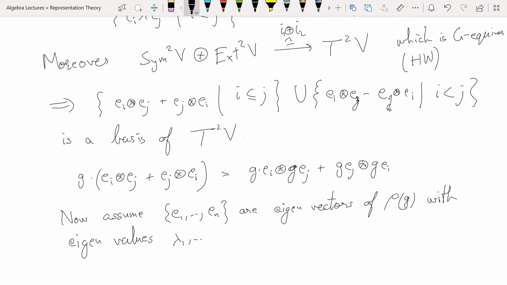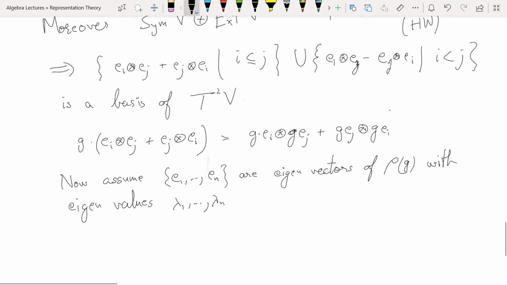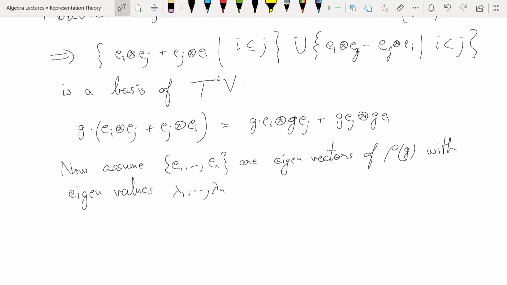So then this right hand side is going to be lambda I EI.